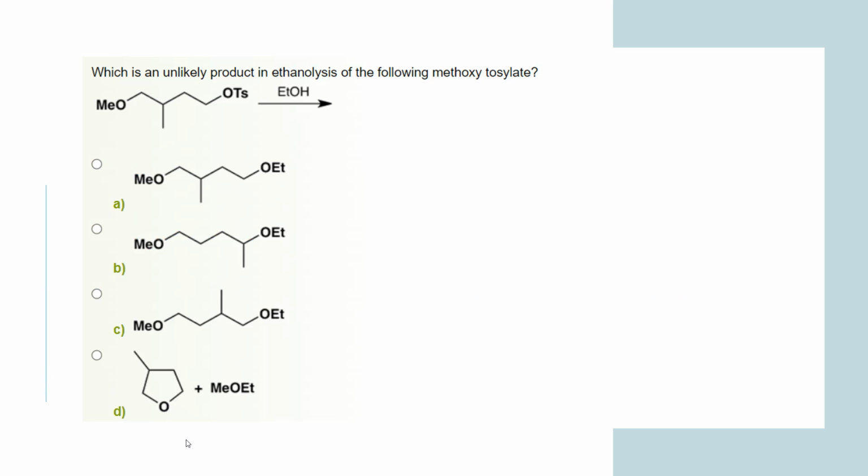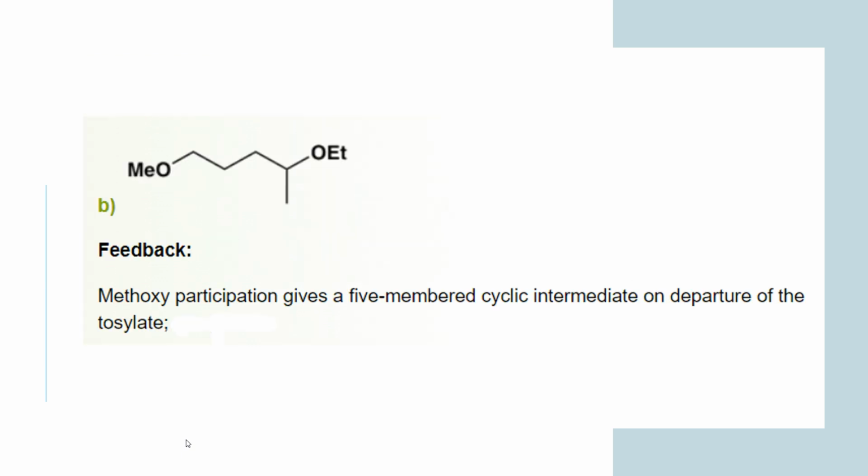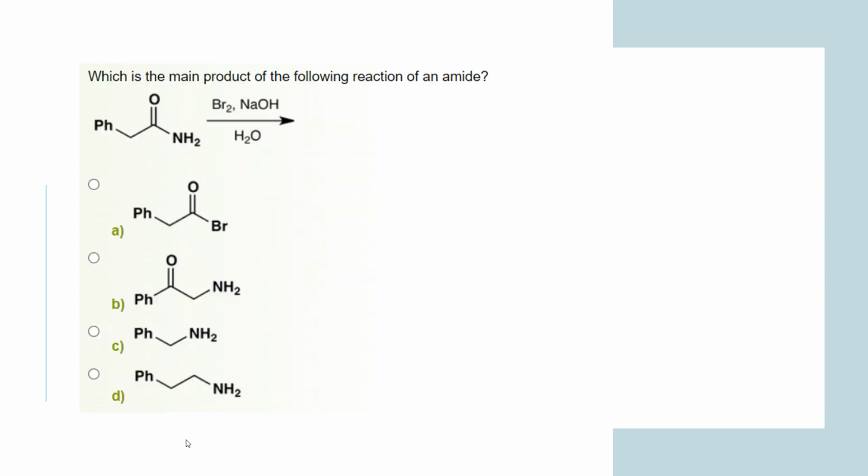Then in the next question we saw that the OTs leaving group was knocked out by neighboring group participation of methoxy oxygen, and we got formation of a five-membered cyclic intermediate, and that intermediate could be opened up or attacked in three possible ways to give you A, C and D products, and we saw that B was not forming at any cost.